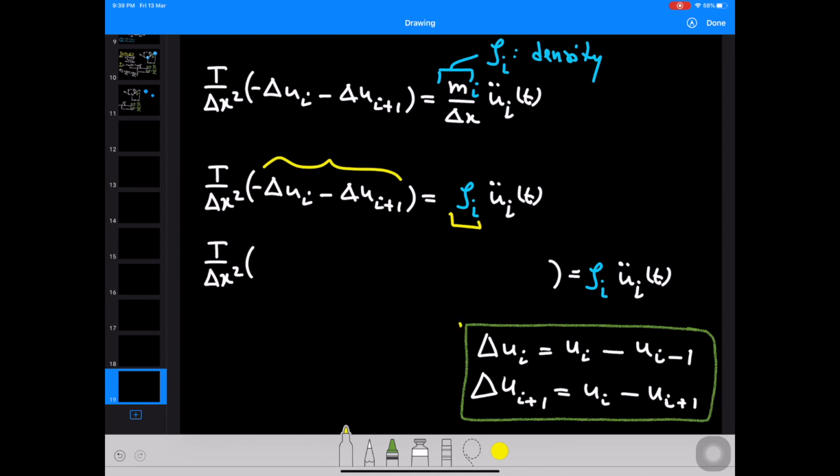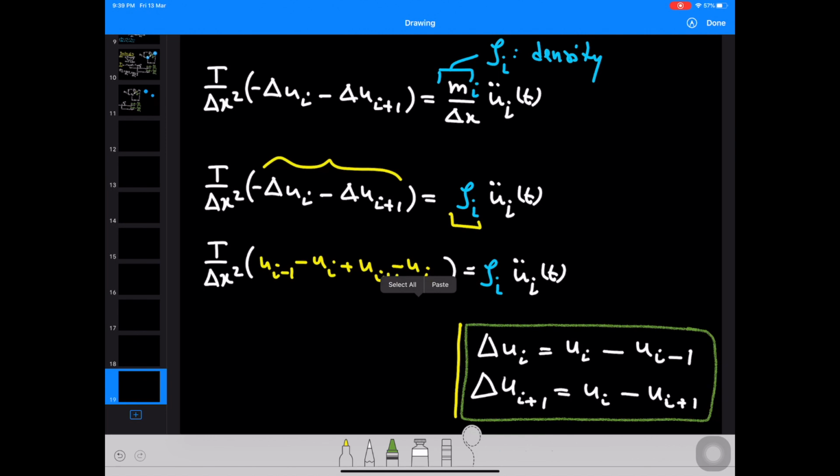Now recall that from the previous slides, delta u_i is the difference between u_i and u_i minus 1, but we have here the negative sign, so we will get u_i minus 1 minus u_i. Then we have negative delta u_i plus 1, so we will get plus u_i plus 1 minus u_i. Good? Let me just put this together.